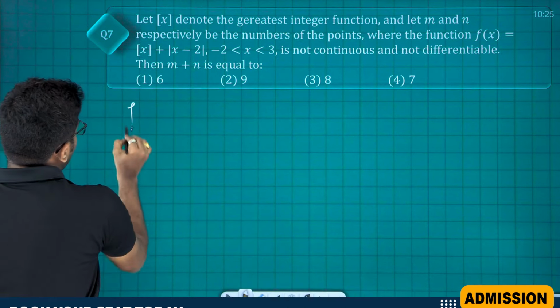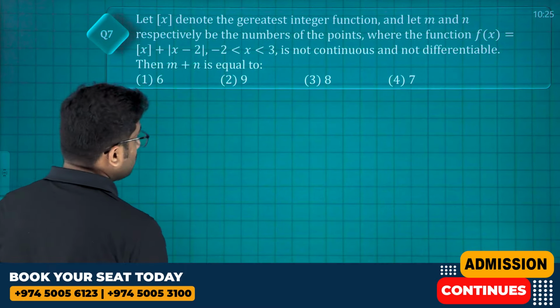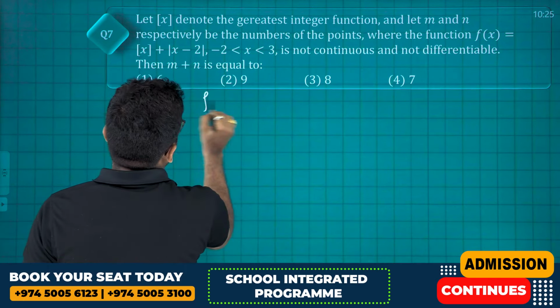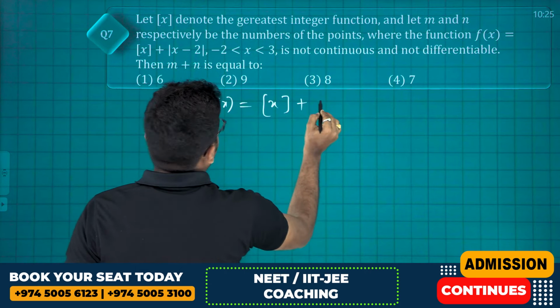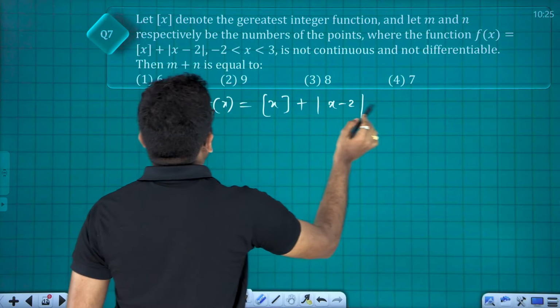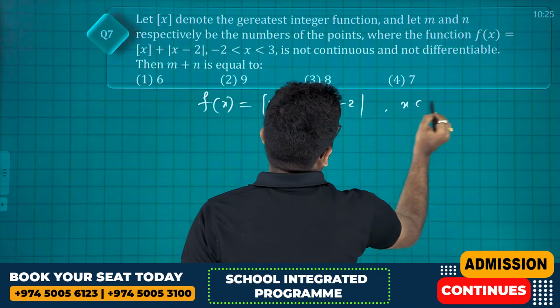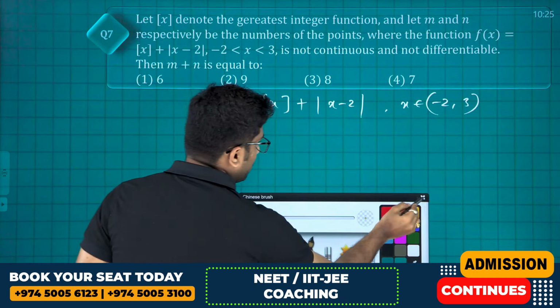So see, f of x is step x plus mod of x minus 2. So we have to define this function for x belongs to minus 2 to 3. We'll define the function.